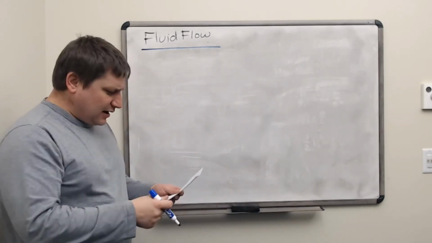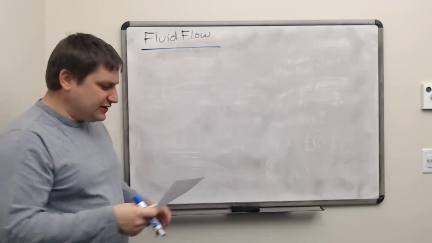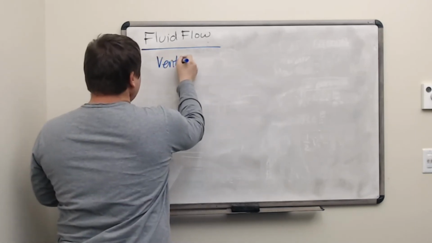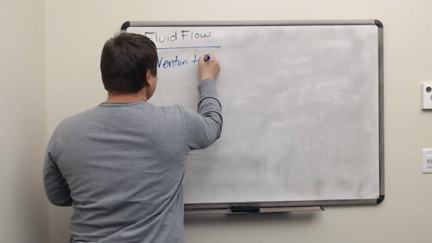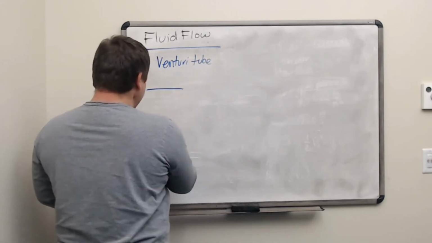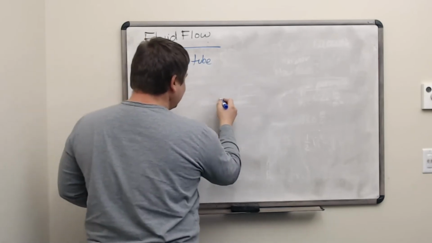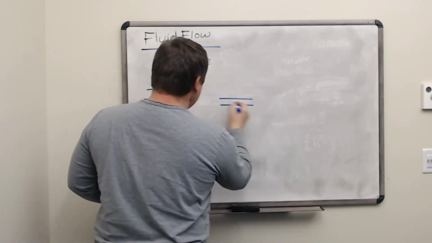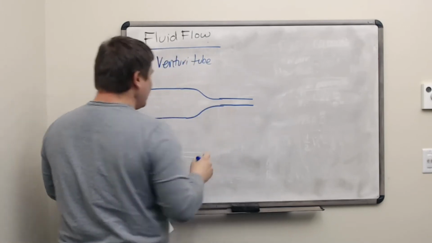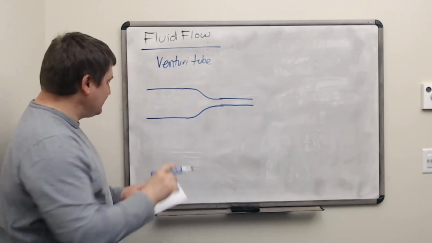All right, our next example application of fluid flow is called a Venturi tube. And a Venturi tube is a device which is used to measure the rate of fluid flow, chiefly in a pipe.